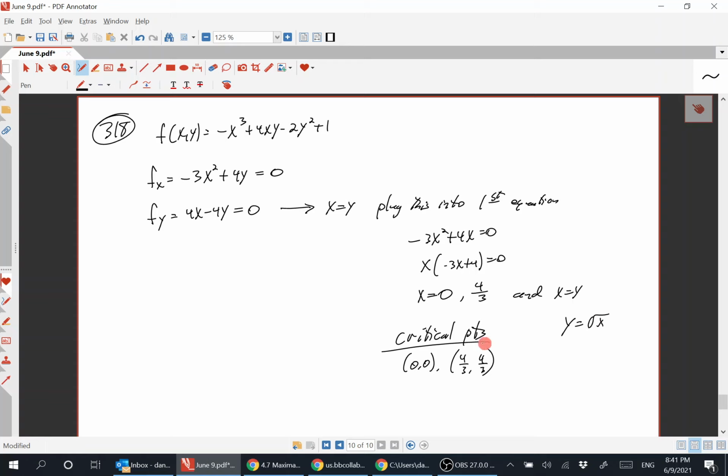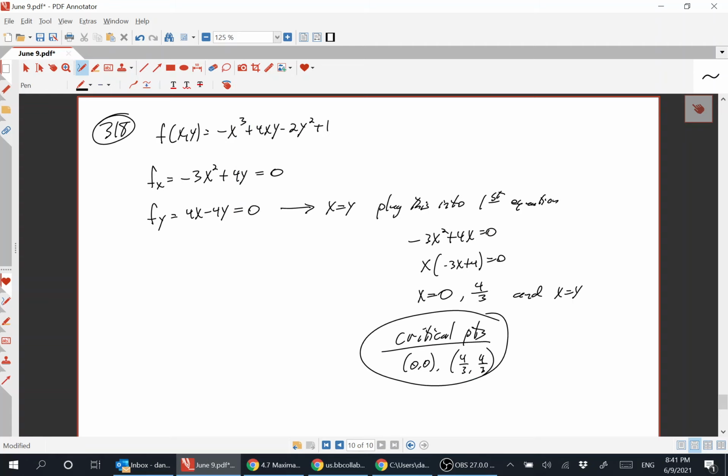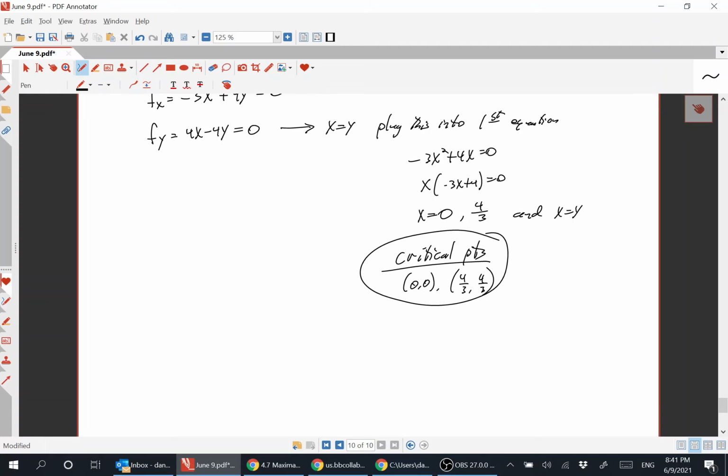So this time they both worked out, but they don't have to. Now check, using the second derivative test, if these are relative maxes, mins, saddle points, or neither.